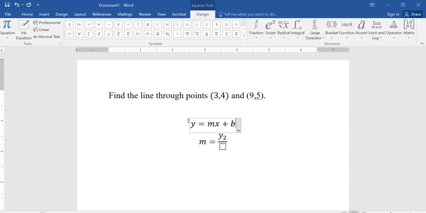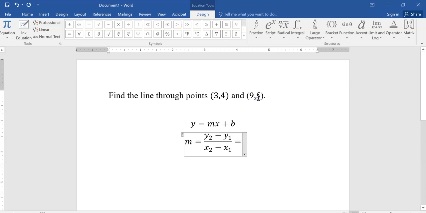Remember, the first step we always have to do is find the slope. In this case, because we're given 2 points, we're going to use the slope formula, which is y2 minus y1 over x2 minus x1. Now, what those things mean is the y value of point 2 minus the y value of point 1. Let's call (9, 5) point 2, and we'll call (3, 4) point 1.